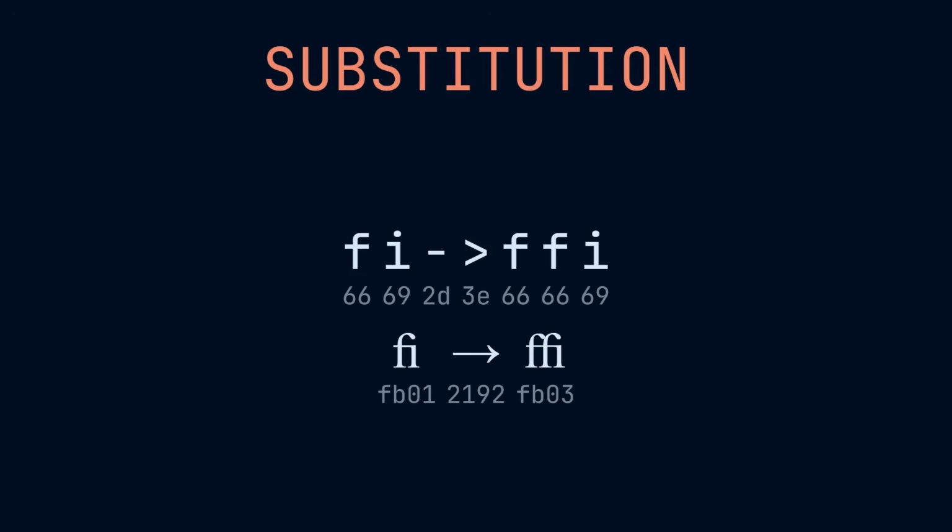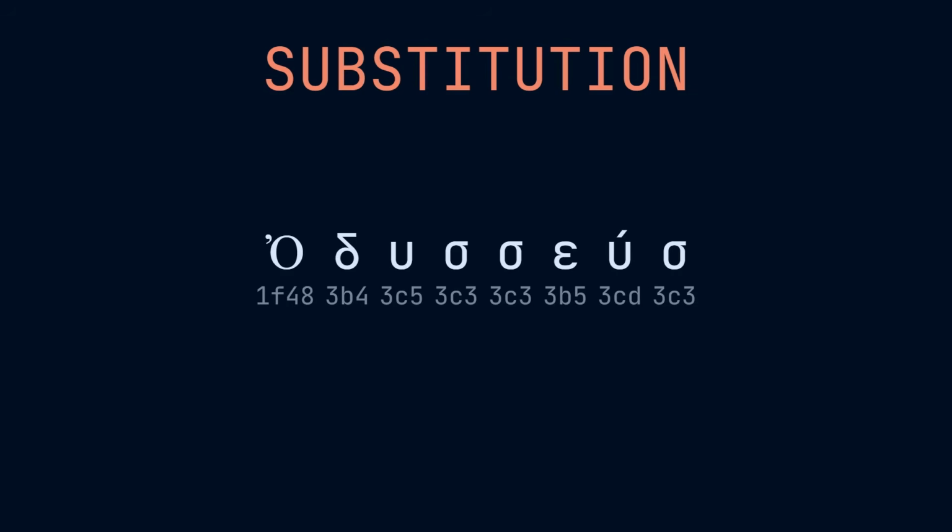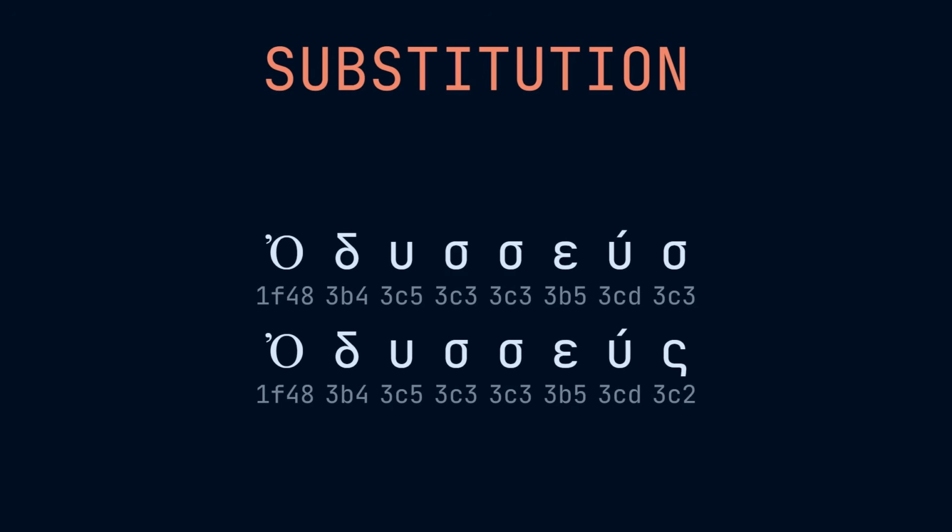For English, ligatures are not required, but other scripts like Arabic and Devanagari look completely wrong without them. Along with this, there are also contextual substitutions, where glyphs take different forms depending on where they are in context with the rest of the string. For example, the Greek lowercase sigma has a different glyph based on whether it's at the end of a word or not.